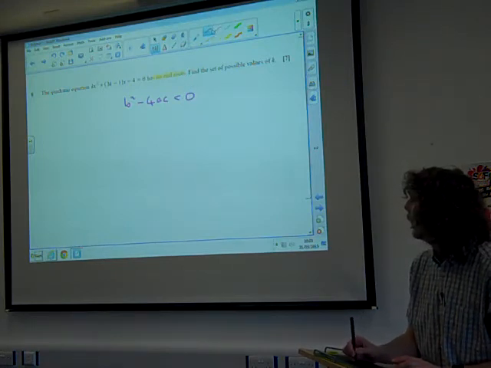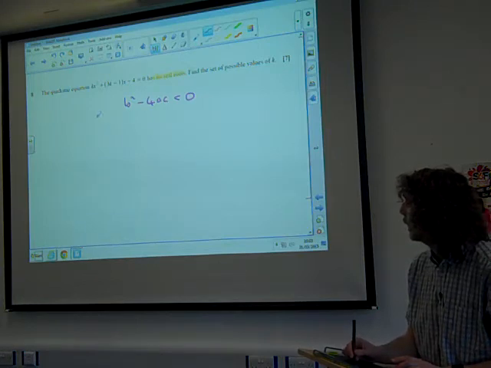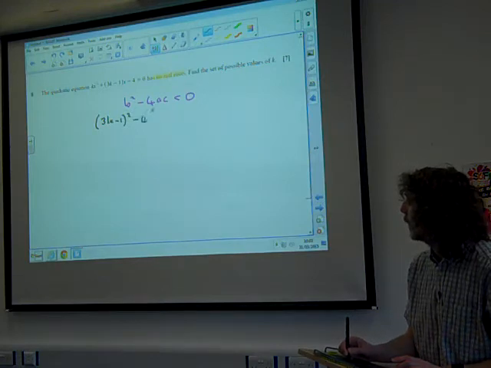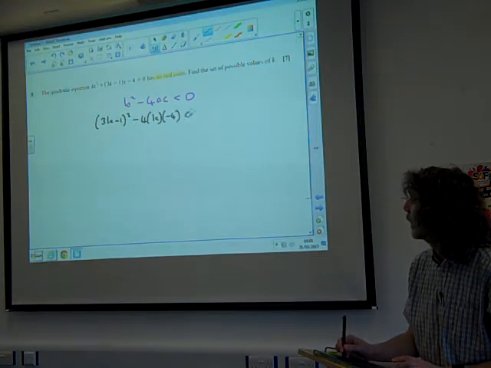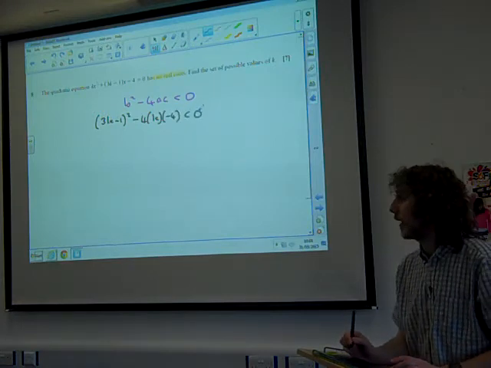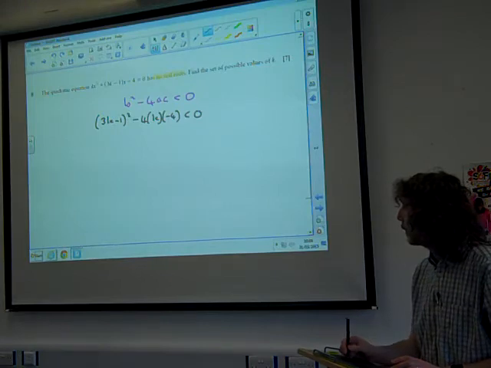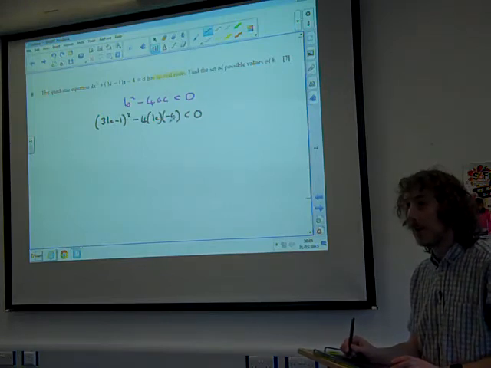So b squared, (3k minus 1) squared, minus 4 times a, which is k, times c, which is minus 4, is less than 0. So again, you see we've got the negative signs.